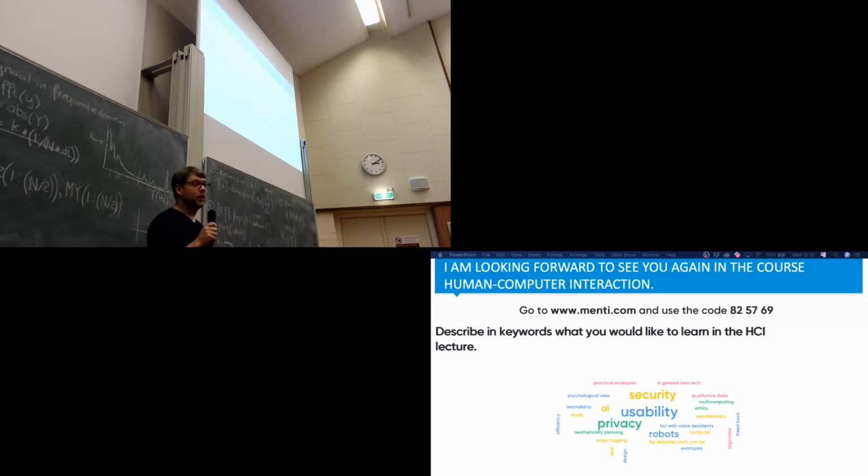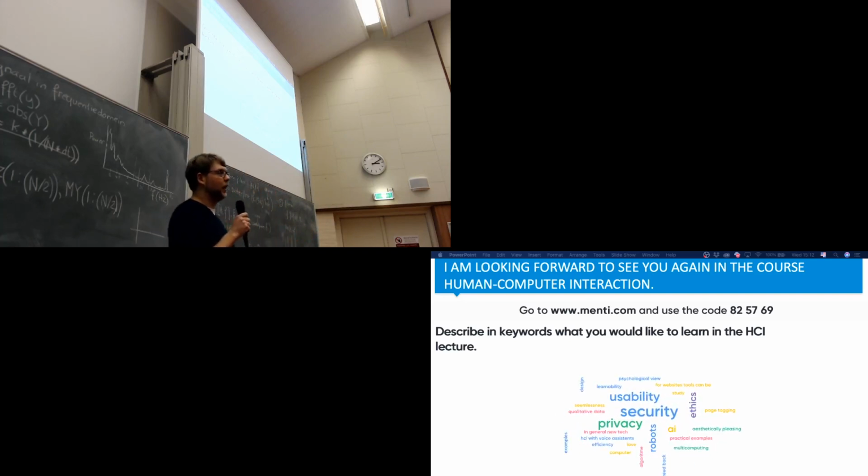There's a separate lecture about social interaction with robots, so I might not touch deeply on the robot aspect, but I think most of the other aspects we will discuss in the HCI lecture, and I will give you the opportunity to discuss with me this slide in the first session.